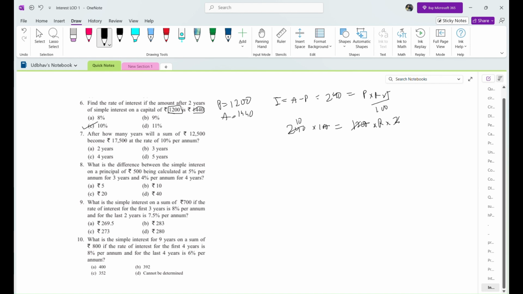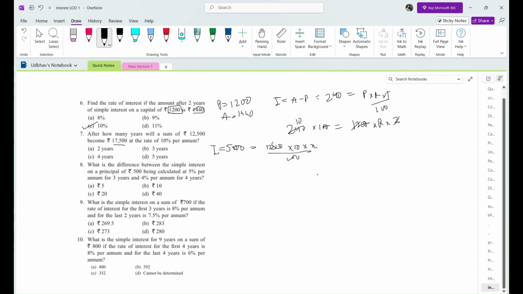Okay. So we are not given here whether it is compound interest or simple interest. So by default we are going to consider it as simple interest. For simple interest, the interest will be 17,500 minus 12,500, which equals 5,000, which will be equal to 12,500 into 10% per annum for, let's say, n number of years upon 100.